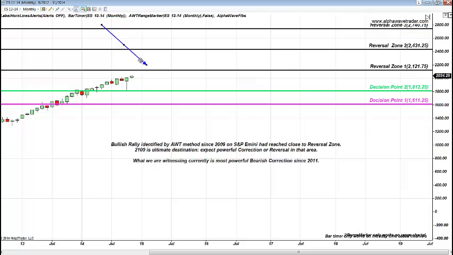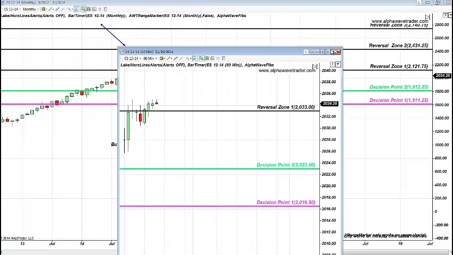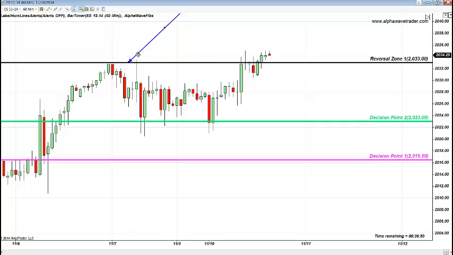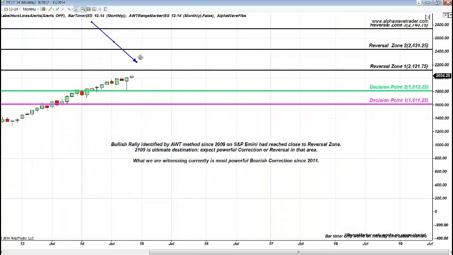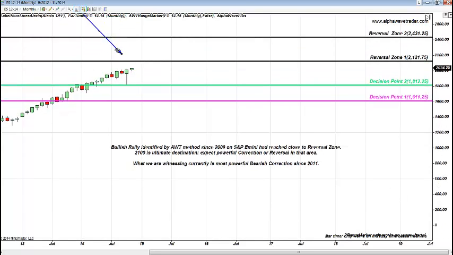Every time price comes to a reversal zone, it does two things: bearish reversal or, like the case today, bearish correction. That's not far off on S&P monthly. Multiple stocks, multiple indices. You have to be prepared for volatility, prepared for execution. You have to be a knowledgeable trader and recognize the importance of these levels.